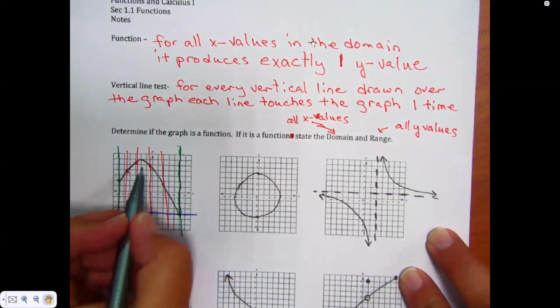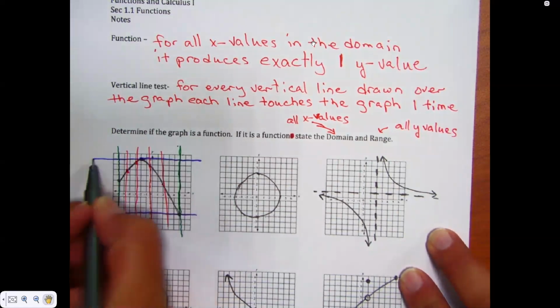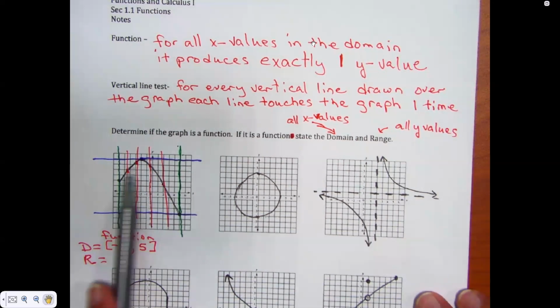Do you see how that's up here? It doesn't have to be on an end. I just go low to high. It's okay here that it's double. I only care about a vertical line, so I could care less about the horizontal line. That's something different. That makes it a 1-to-1 function, but we're not going to get into that.